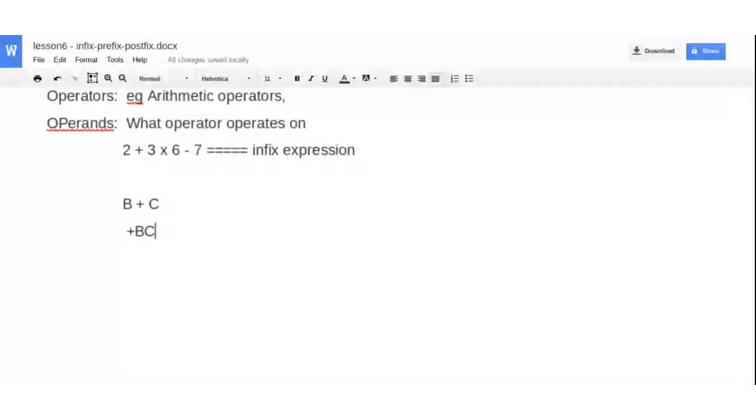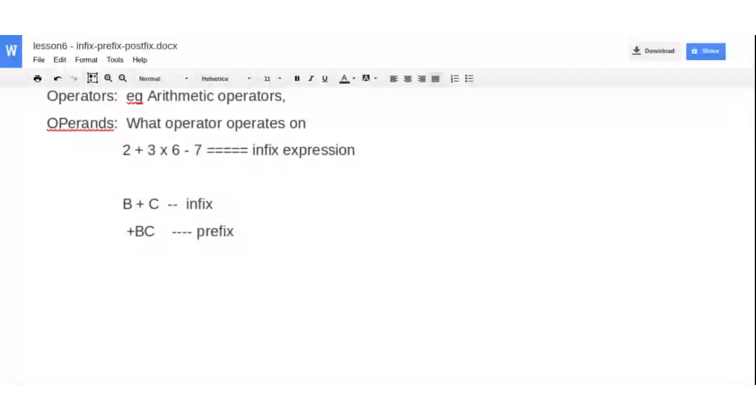So that is the same expression as the B plus C. So this is the infix, and this is prefix. We write the operator in front of its operands. So when we write plus BC and we are told this is a prefix expression, then what we'll do is still do the addition. We add B to C.